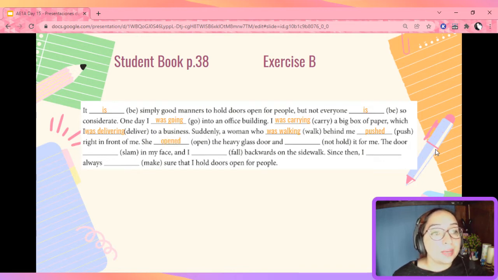She opened a heavy glass door and didn't hold it for me. The door slammed in my face, and I fell on the sidewalk. Since then, I have always made sure that I hold doors open for people. Did you get it right?